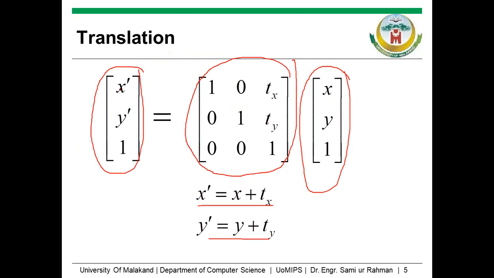So x prime is equal to this multiplied by this, and y prime is equal to this multiplied by this. This is just for the modeling, so this is not important. We are actually interested in this x prime, y prime, because in two-dimensional space we have only two axes, but for representing this equation we can use this matrix representation.